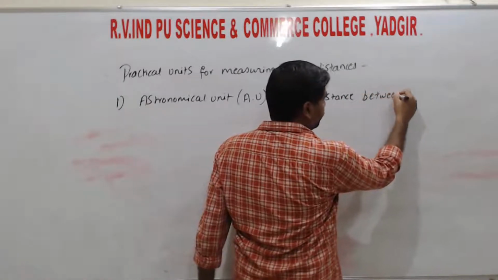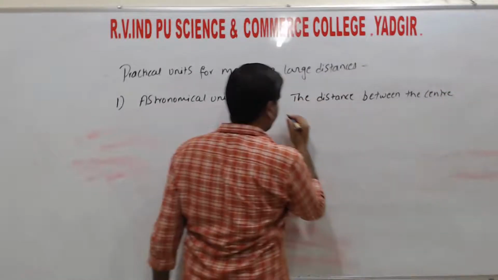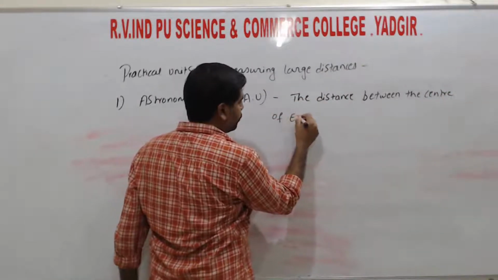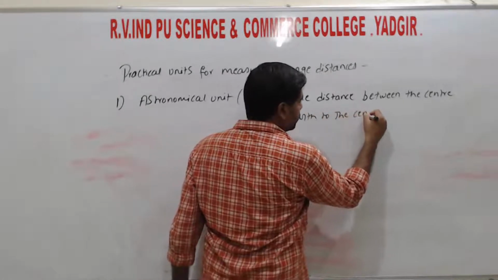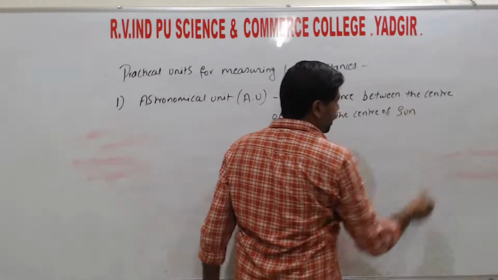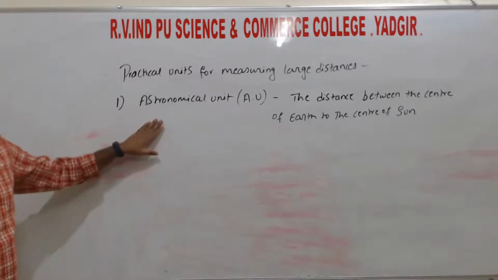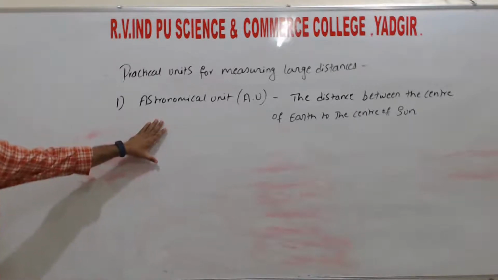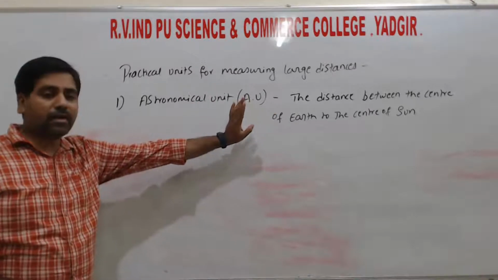That is the distance between the center of the earth and the center of the sun.